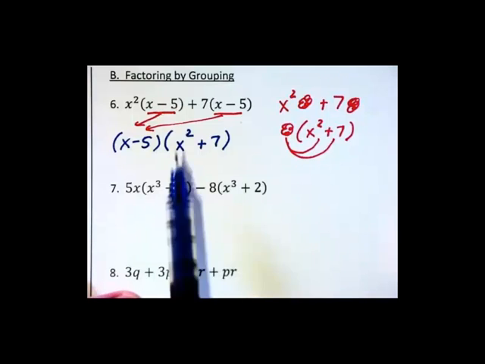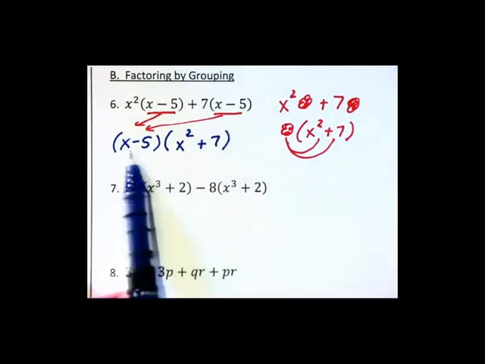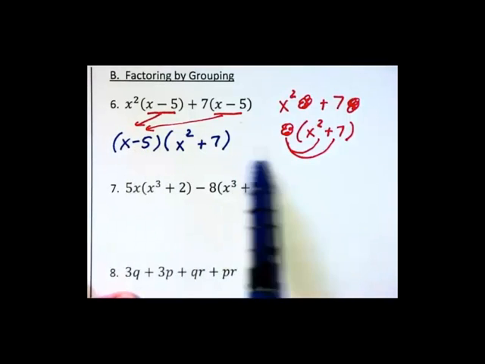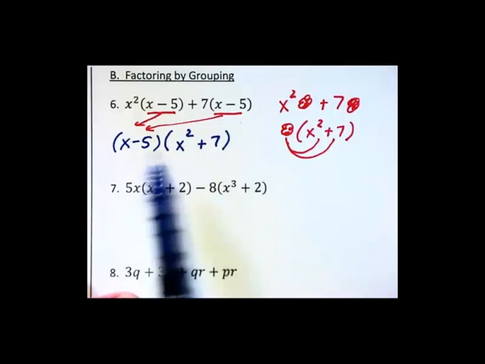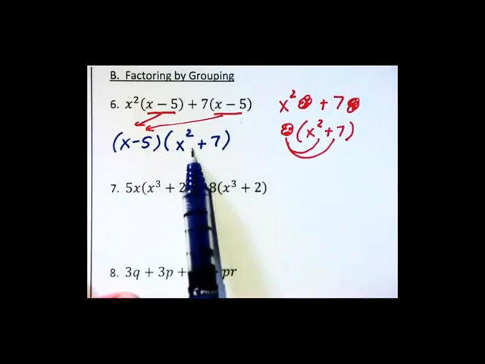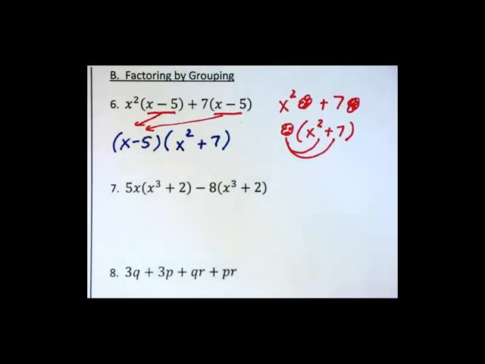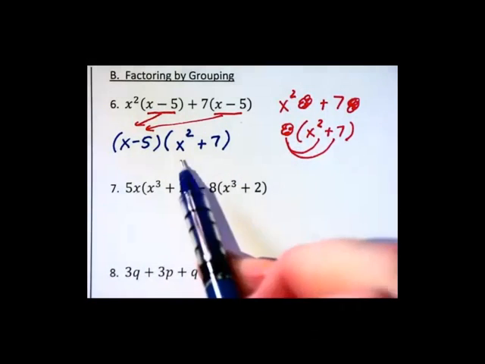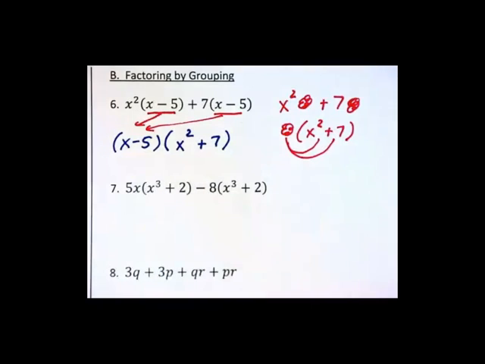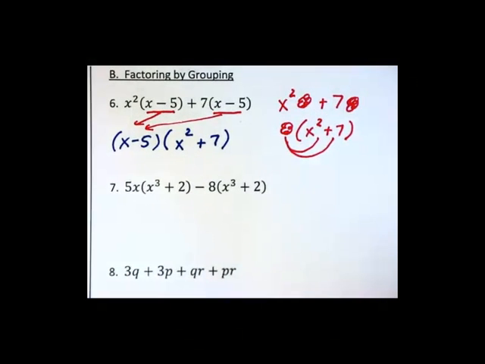Now, when I factored out this x minus 5, I brought it out to the left. It's perfectly fine to write the x minus 5 off to the right. It's the commutative property of multiplication that says a times b is the same as b times a. So as long as what's inside the parentheses is correct, it's okay if you reverse the two parentheses with respect to each other.